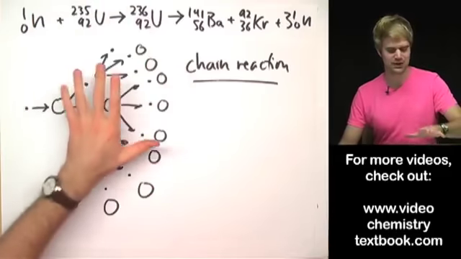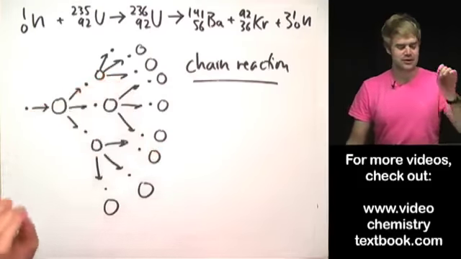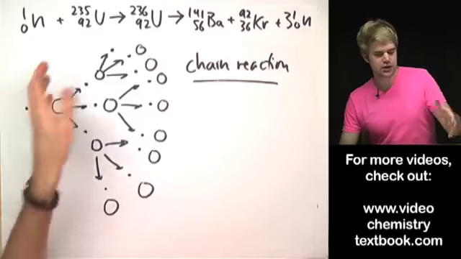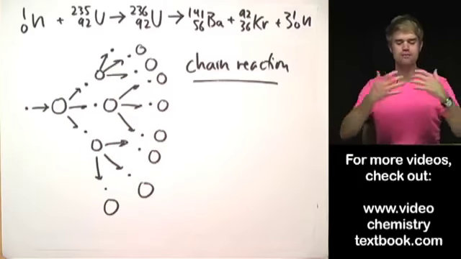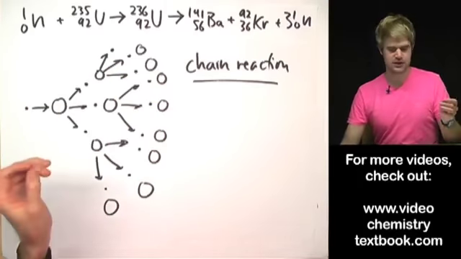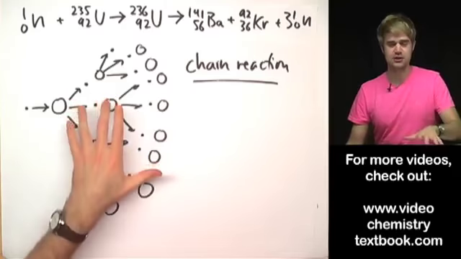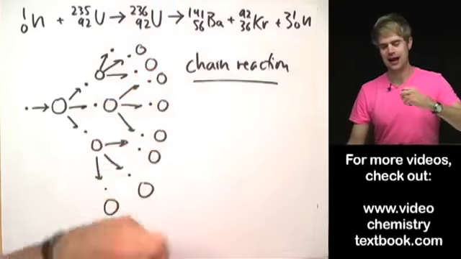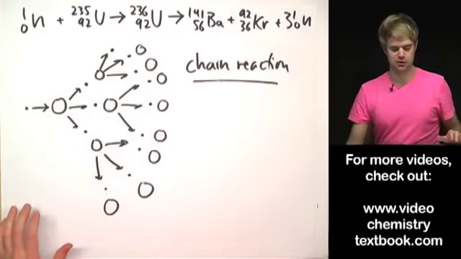So that's exactly what's going on here. So this chain reaction can cause a tremendous amount of energy to be released very quickly. In just a second, a chain reaction can get out of hand and create a huge explosion.